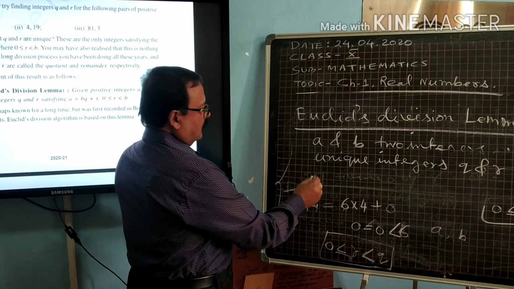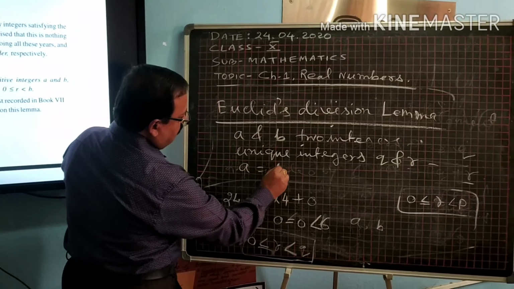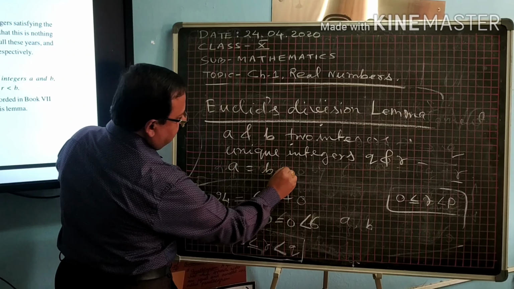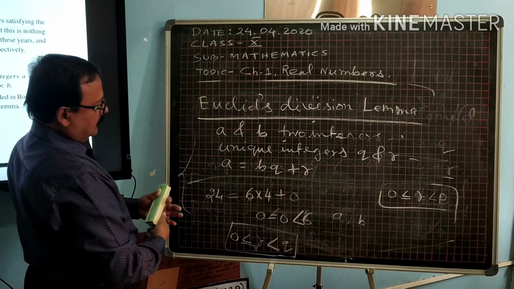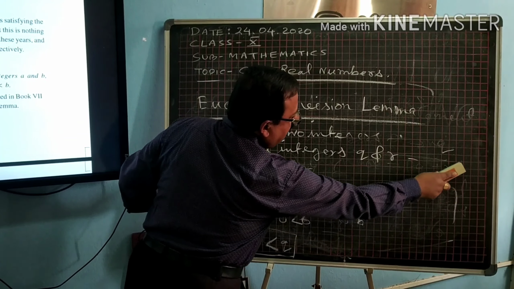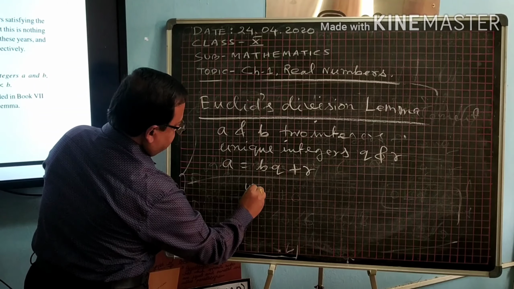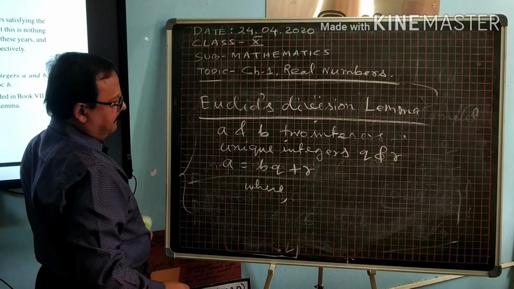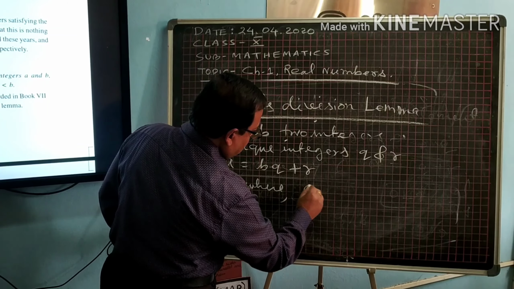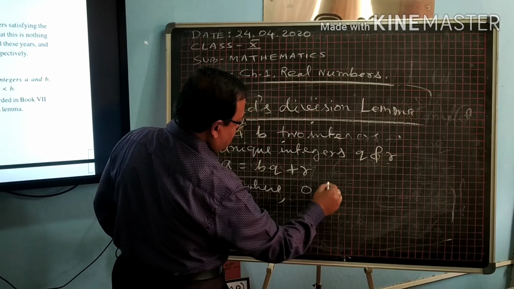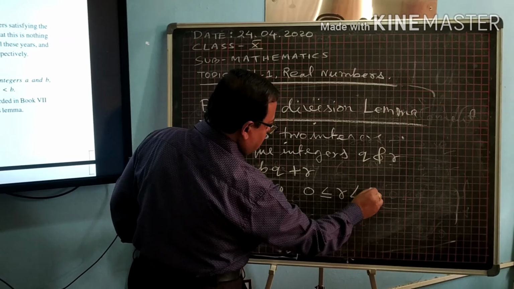What condition is that? a equal to bq plus r, where the condition is that 0 less than or equal to r less than b.